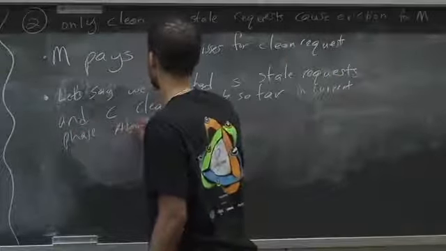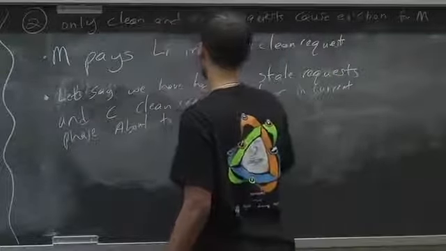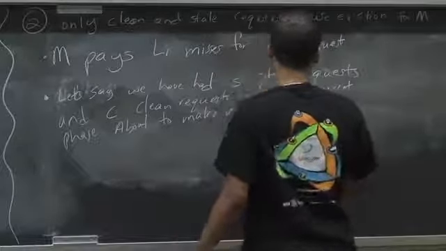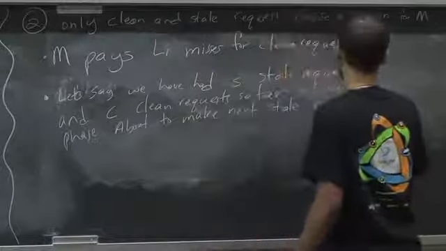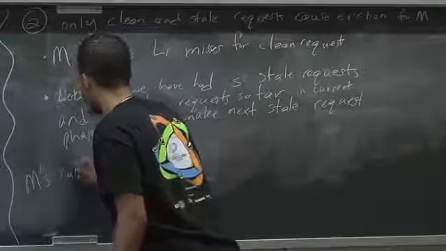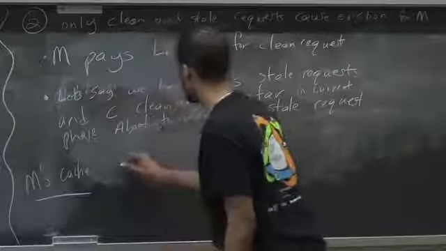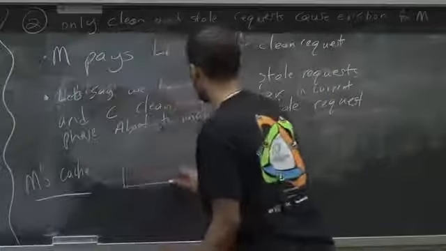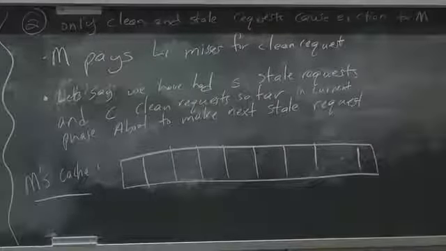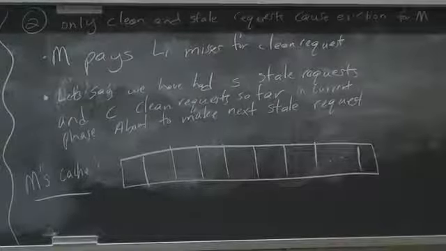And we're about to make the next stale request. Okay, so what does the cache look like? Let me draw M's cache. It has size k.